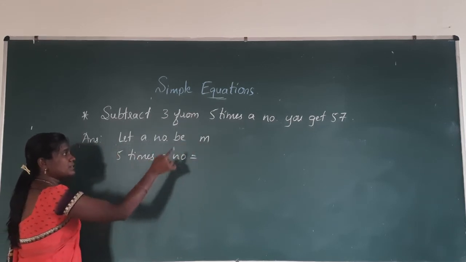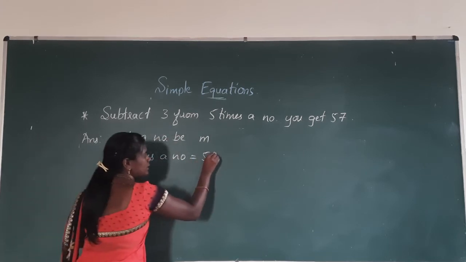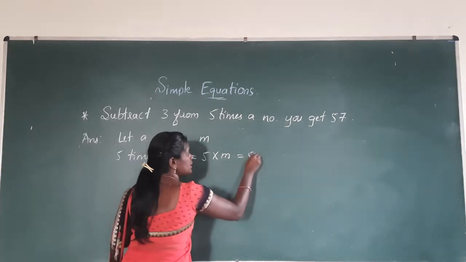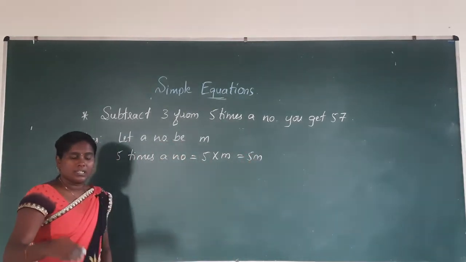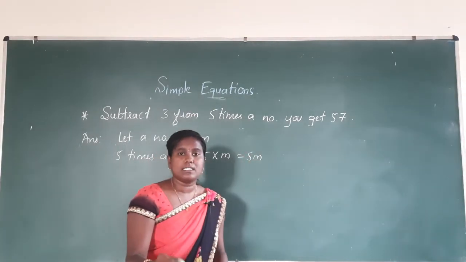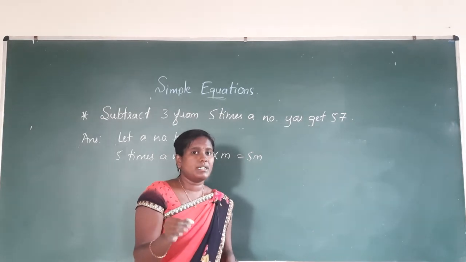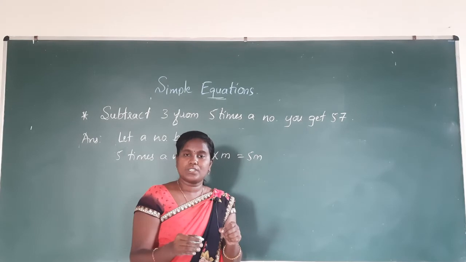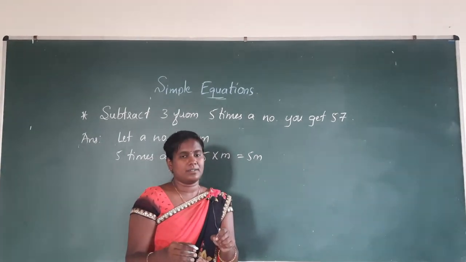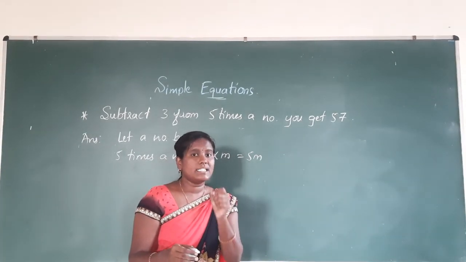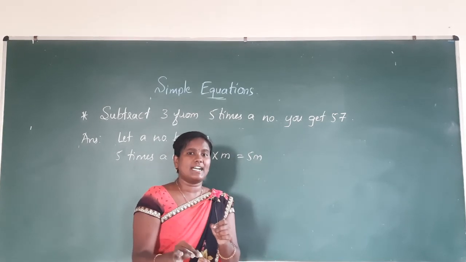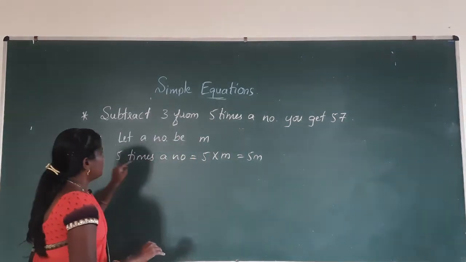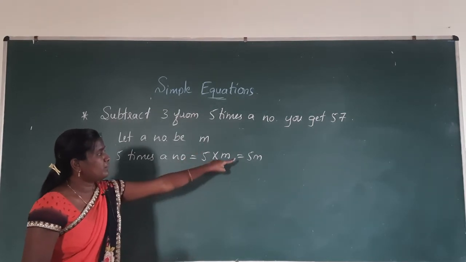So 5 times m is what? It is 5 into m. 5 into m is nothing but 5m. Keep in mind that this is an algebra lesson where we are going to use only the small letters. Are you getting? Only the small letters we are going to use in the algebra. Okay. 5 times m, it is 5m.